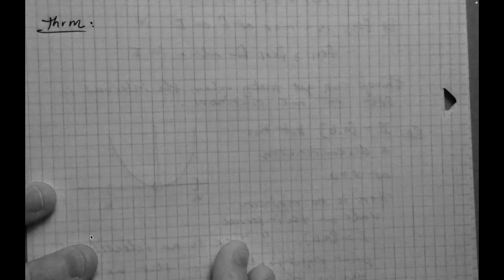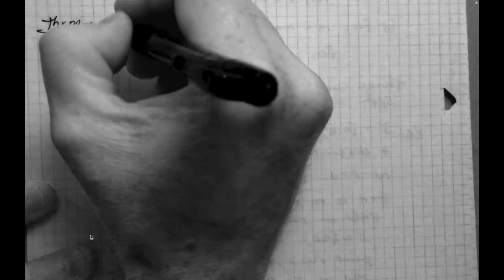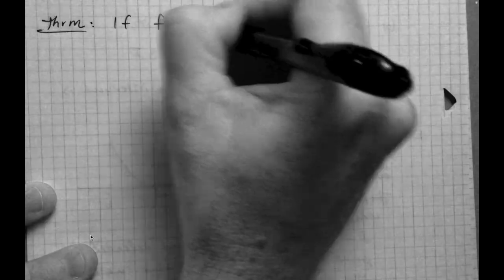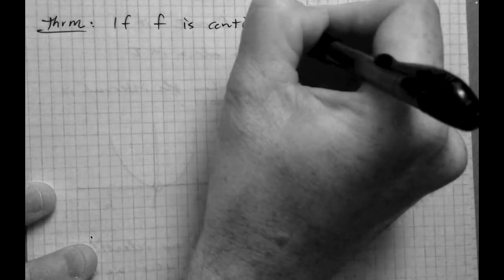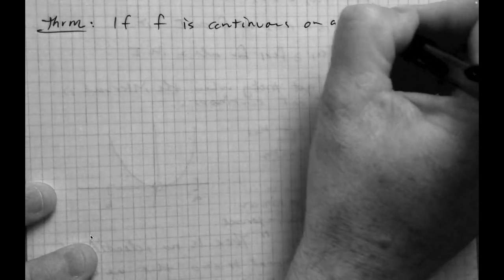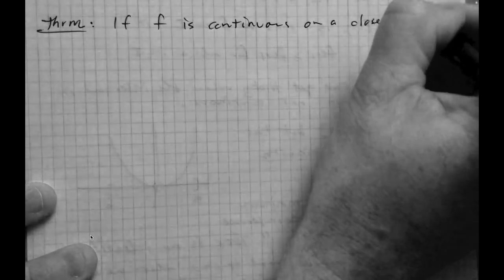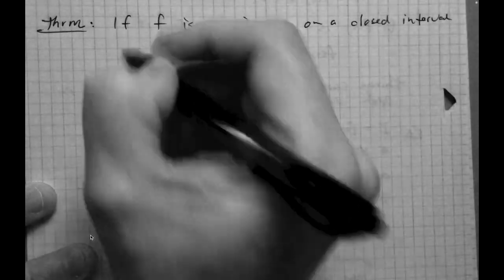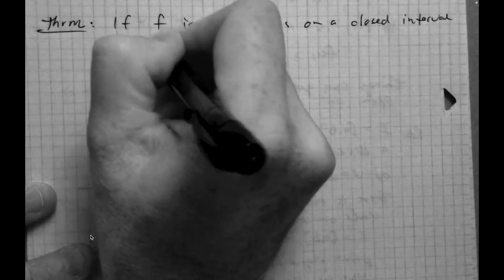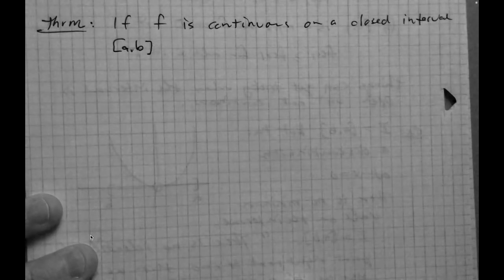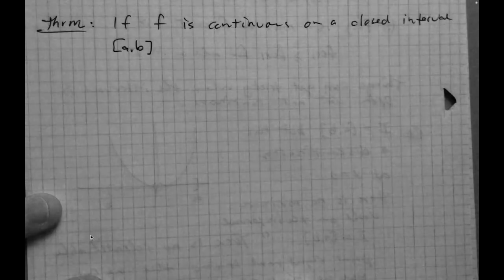So here's a theorem. If f is continuous on a closed interval [a, b], then f has both a minimum and a maximum on the interval.